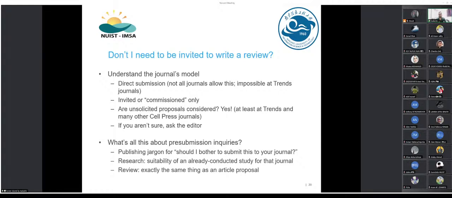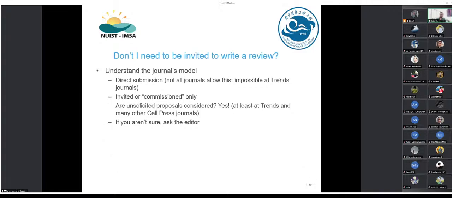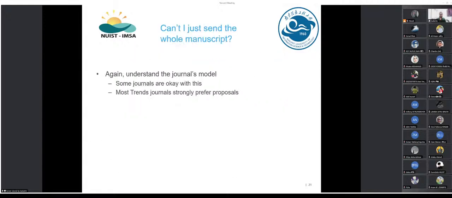And if the same kind of paper has been published in the journal, you should not submit that paper to that journal. So as I said before, some journals are okay with you submitting your manuscript directly, but the strong journals, the good journals, they prefer the proposals first.